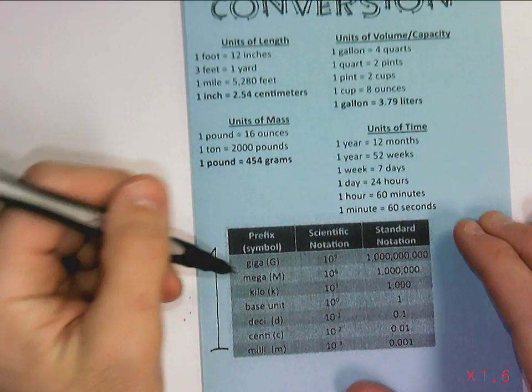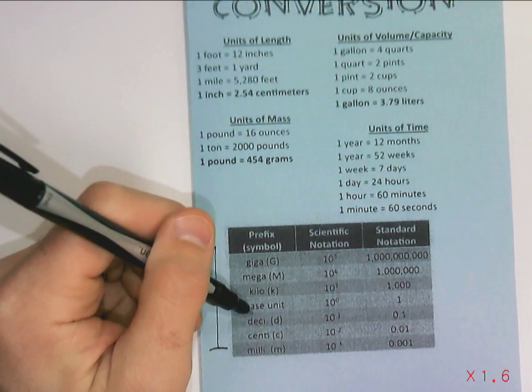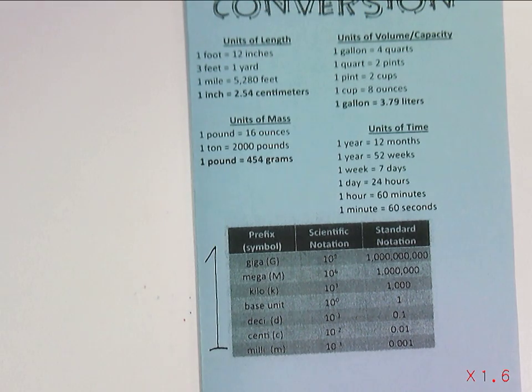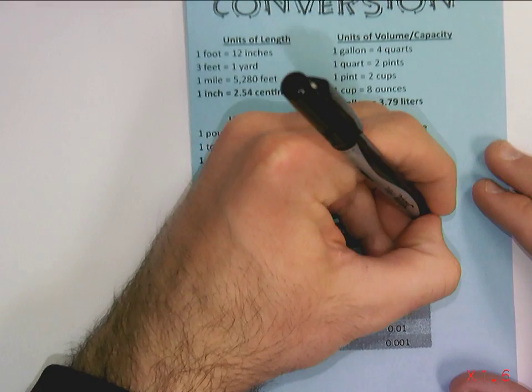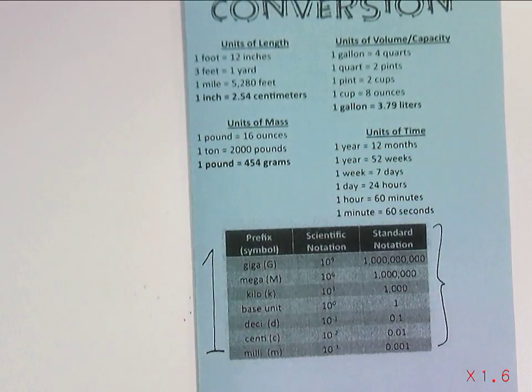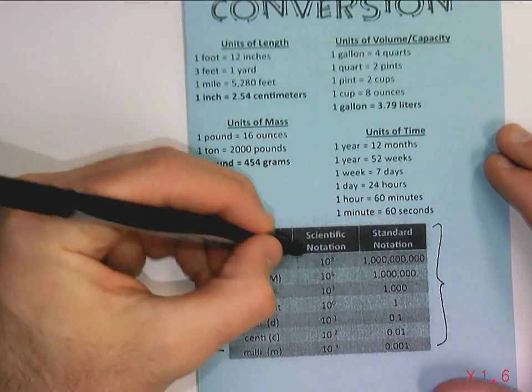So, 1 kilometer, 1 kilogram, 1 kiloliter, something like that. Okay? So just one of those. And the cool thing about the metric system is that it's just based around units of 10. So no matter if it's kiloliters, kilograms, kilometers, decimeters, decigrams, deciliters, whatever it might be, they're based around 10.